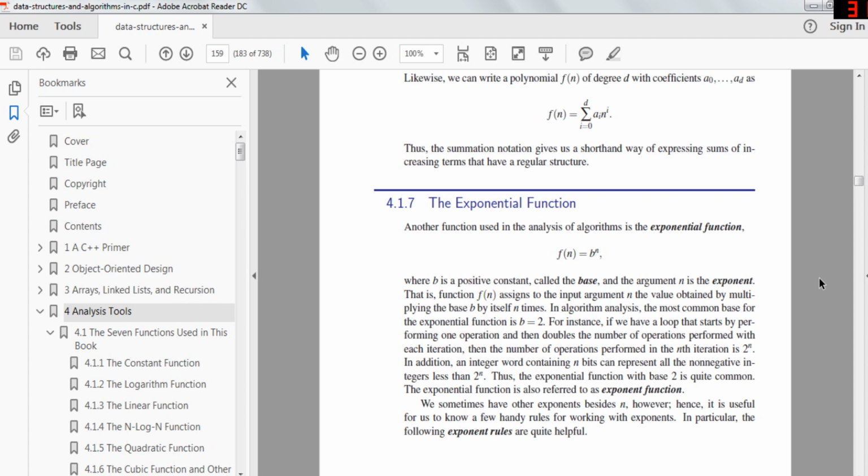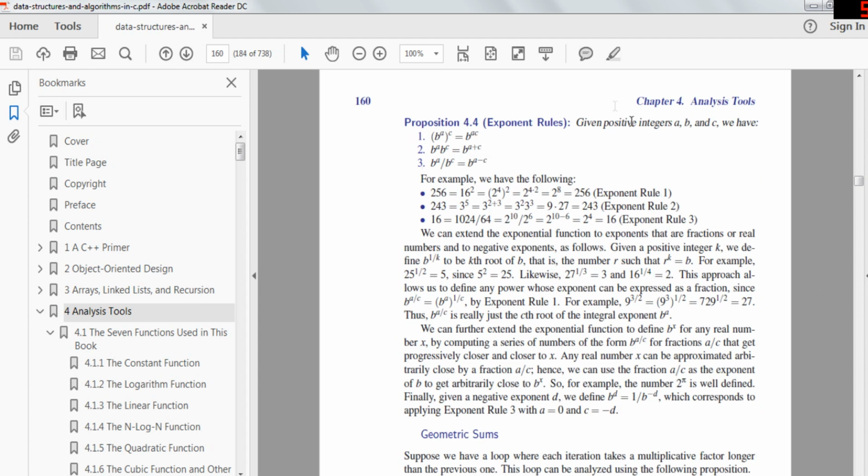The exponential function is also referred to as an exponent function. We sometimes have other exponents besides n. However, it is also useful to know that there are a handful of useful rules for working with exponents. In particular, the exponent rules are very helpful. So you take an exponent, raise it to another exponent, and then you raise it to another power.